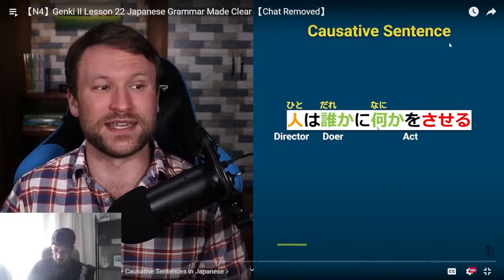So 人は誰か, which is not very complicated. How many lines each? 4 lines, and a long one. 誰か.